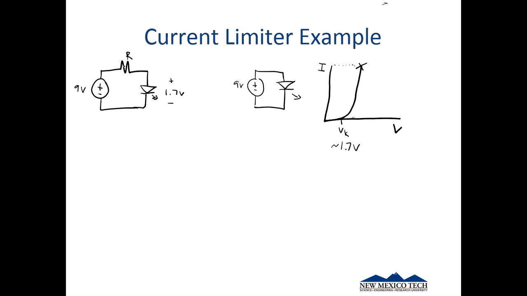So what we do is we add this resistor here. The purpose of this resistor is to drop the current in the whole loop. If we think about this whole loop, we know that negative 9 volts plus I times R, and say we want our voltage across our LED to be just about the knee voltage.